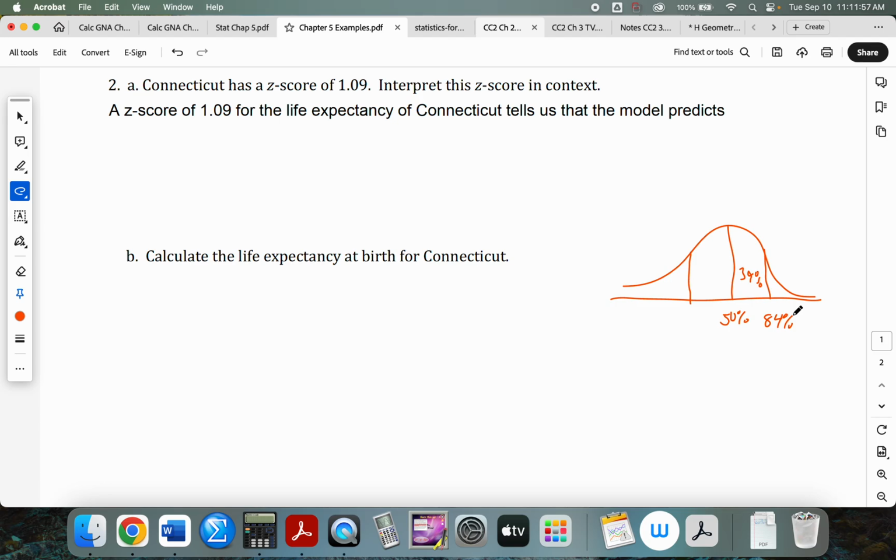Correct. Which is the 84th percentile. So you have to put 84th percentile. You can't say top. You could say that it's in the top 16%. Either would be okay.